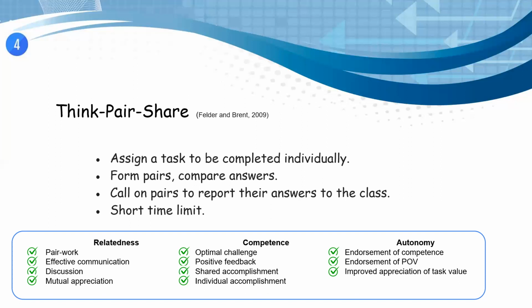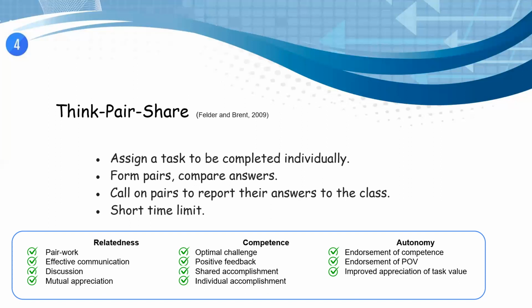As we can see at the bottom of this slide, the Think, Pair, Share activity satisfies all three of the basic psychological needs of self-determination theory: relatedness, competence, and autonomy. It enhances relatedness through pair work and effective communication, discussion, mutual appreciation.